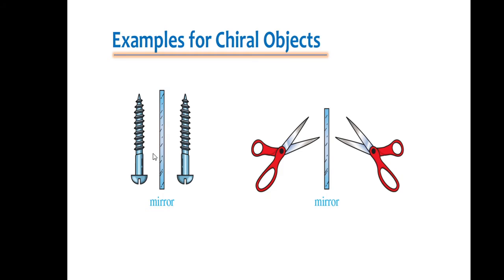Here you can see that the screw is turned from left to right, but here it's turned from right to left. So these two are non-superimposable on each other, so these are examples of chiral objects. In the case of scissors also, the object and mirror image are non-superimposable on each other. So this is also a chiral object.